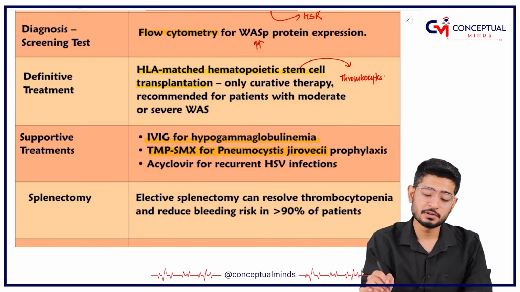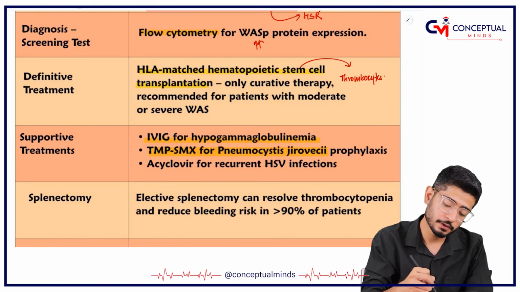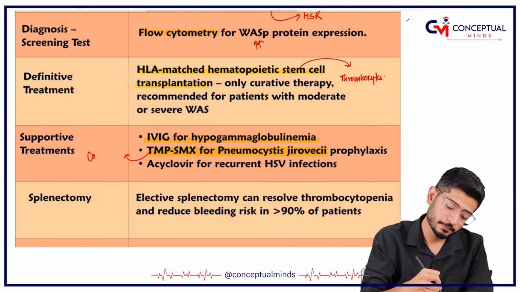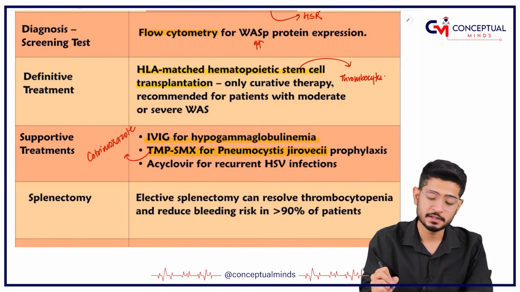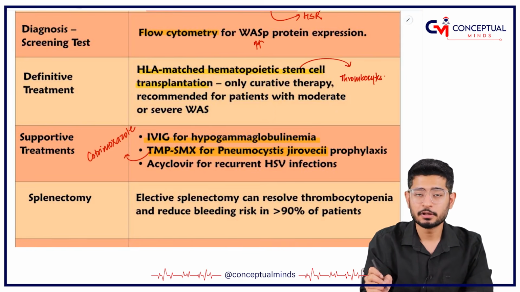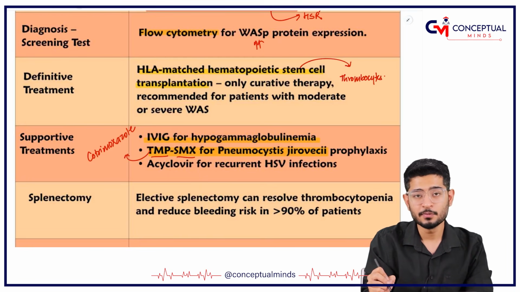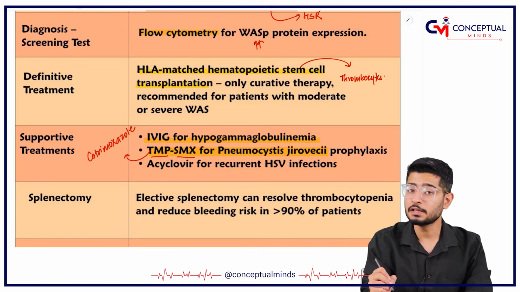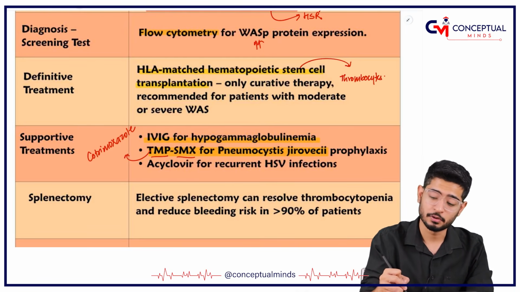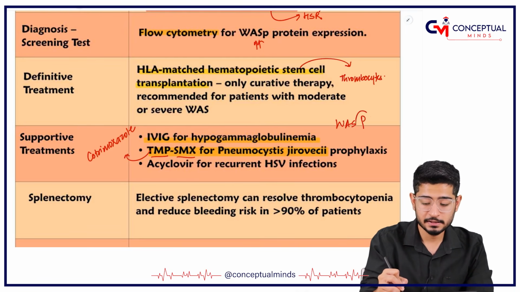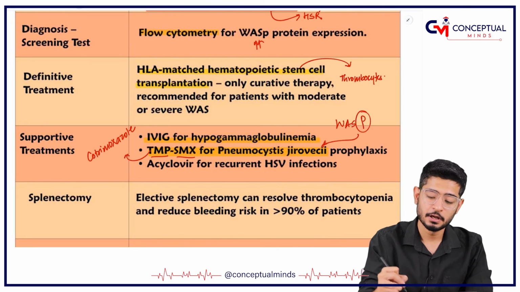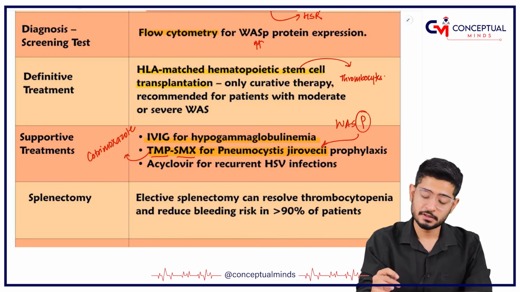Wiskott-Aldrich syndrome has Pneumocystis jirovecii infections, and that's why you give cotrimoxazole in this patient. Trimethoprim-sulfamethoxazole is the full form, for Pneumocystis jirovecii in Wiskott-Aldrich syndrome. And I always teach you like this: this P is responsible for remembrance of Wiskott-Aldrich syndrome.